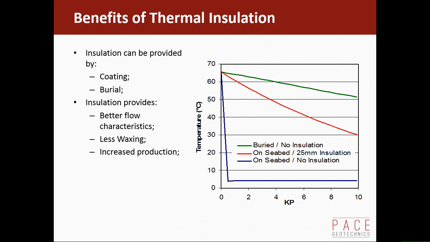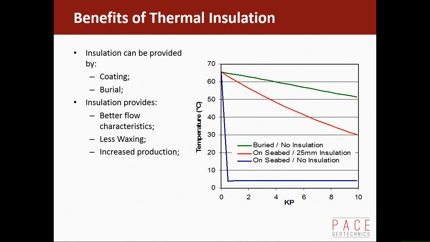It made a big difference to the client in terms of how quickly he could produce from the reservoir. I'm not saying he got more oil out of the reservoir, he just got it quicker, which is overall a cost saving, because your overhead costs of actually running the field are quite significant. So as I said, you've got better flow characteristics, less waxing, and increased production.